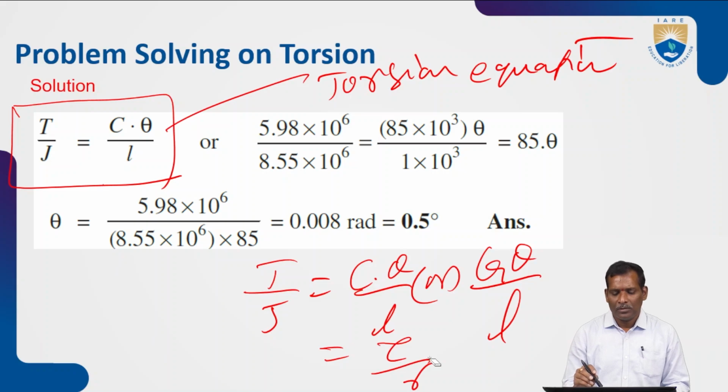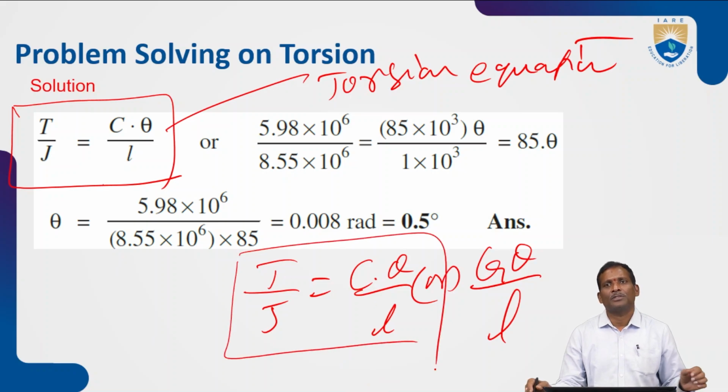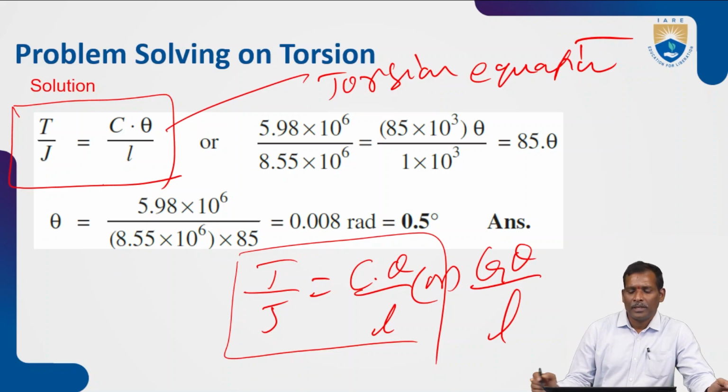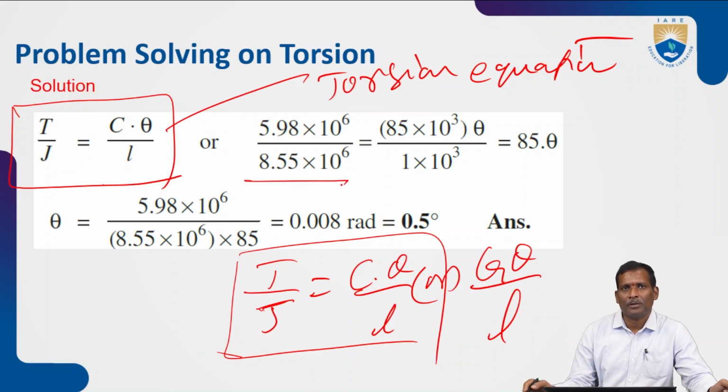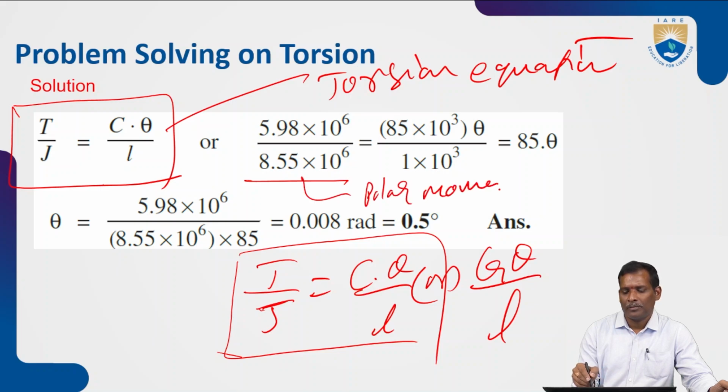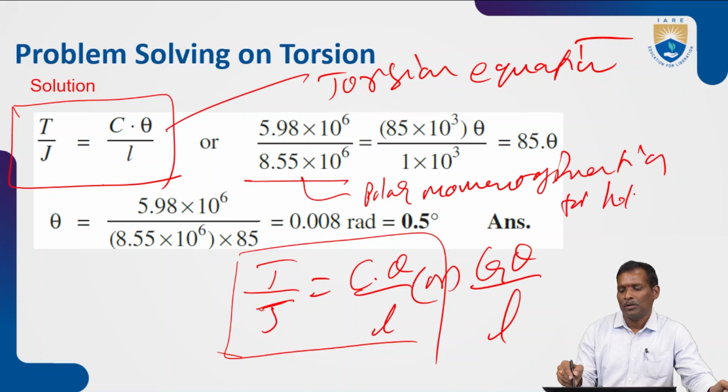So now take the first part of this torsion equation, T by J is equal to C theta by L. Here C or G, the modulus of rigidity value, is given, and J, the polar moment of inertia, we have already calculated: 8.55 into 10 to the power of 6, for the hollow shaft.